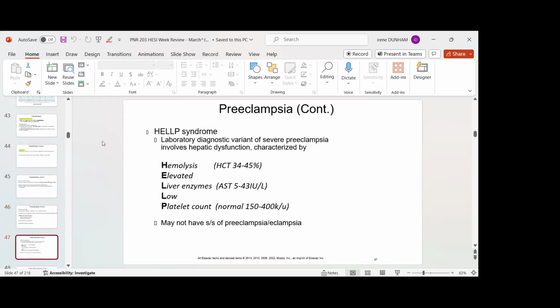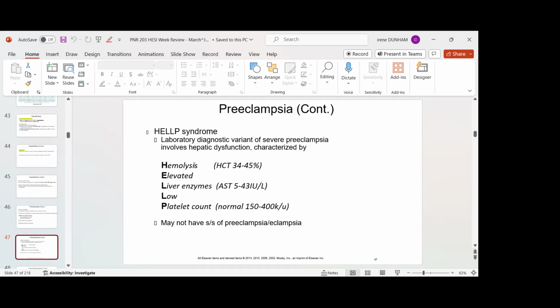Okay. So just in case you see a question about HELLP syndrome, it happens with severe preeclampsia. Your patient's really sick. Now, she's got that hypertension, high blood pressure, like 160 over 110. She's got headache, blurred vision. Her urinary output is low, and she has epigastric pain, okay? This lady is very sick. So you're looking at the possibility of what we call HELLP syndrome.